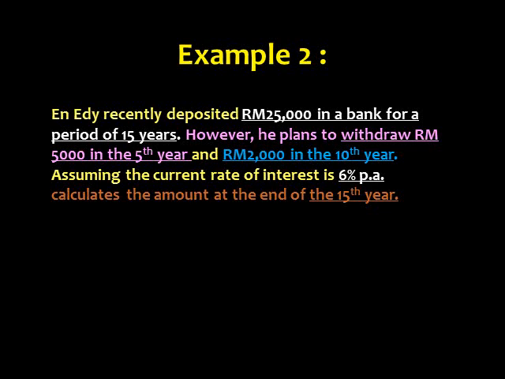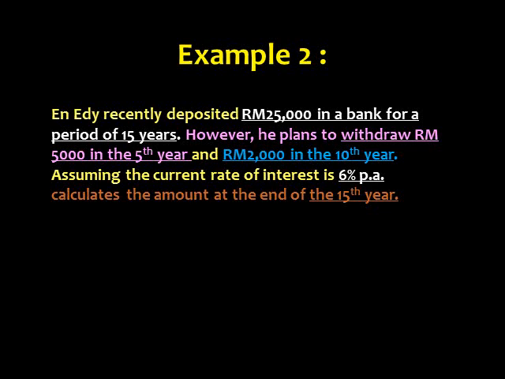However, he plans to withdraw 5,000 in the 5th year, maybe to spend on something, and 2,000 in the 10th year.